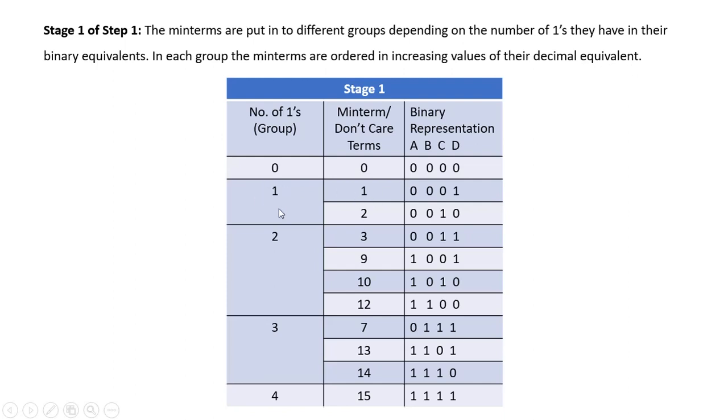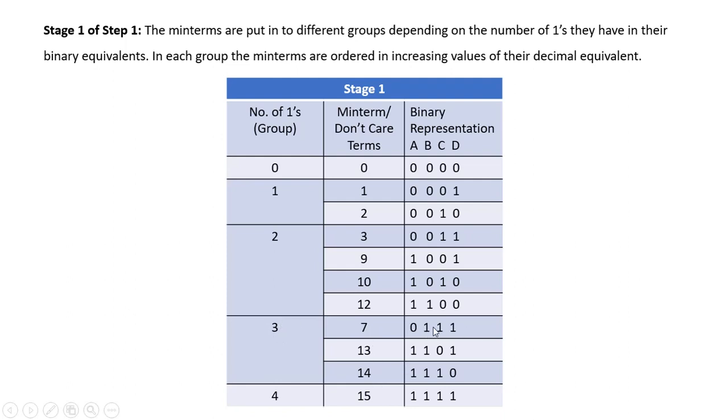So in this group there are two minterms, and we arrange them in ascending order: first 1 and then 2. Similarly group 2 has minterms 3, 9, 10 and 12. Here the number of ones in each minterm is 2.